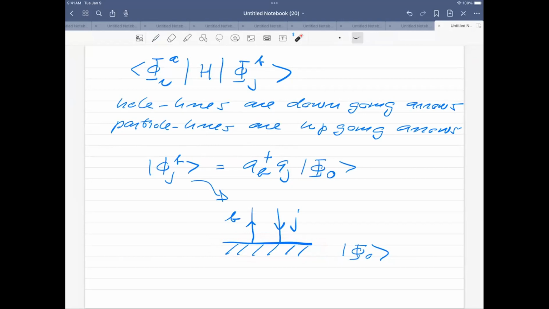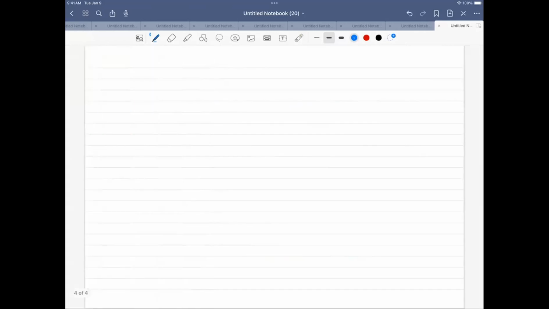And that means that when I look at the state on the bra side, what I would have then is the following. So if I take the phi I A, that is nothing but an AI AA, and acting on the vacuum state, phi 0. No, sorry.